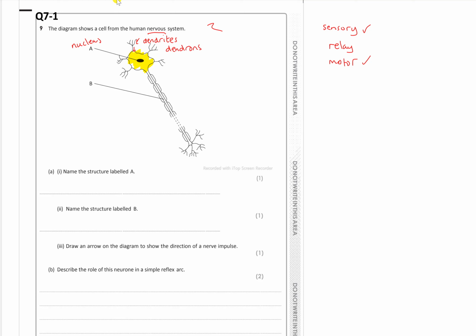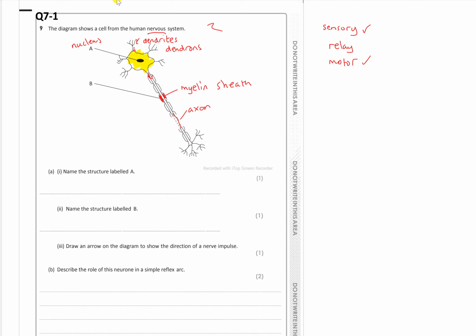So the small ones are dendrites, lead on to dendrons, and then as the signal goes away from the cell body, this thing here is called the axon, and it's covered in these little covers. They're called myelin sheaths.